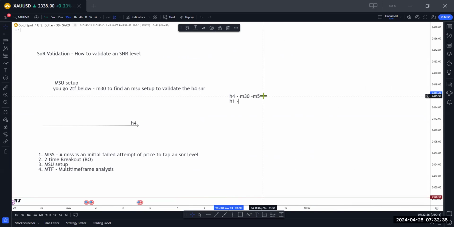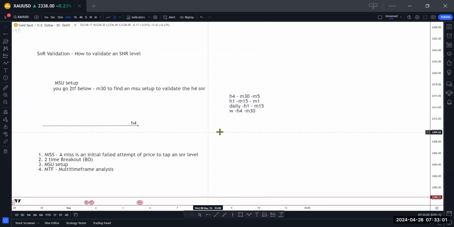For H1, you can go to M15 and M1. For daily, you can go to H1 and M15. For weekly, you go to H4, then M30.